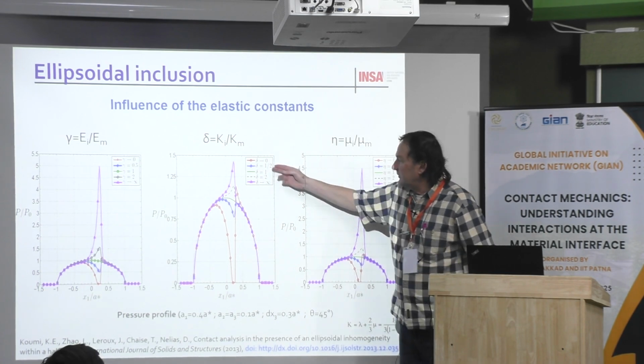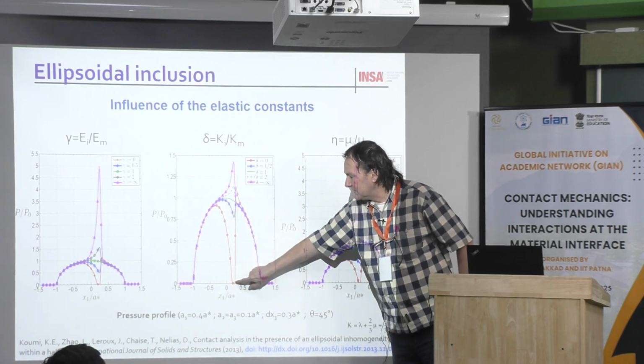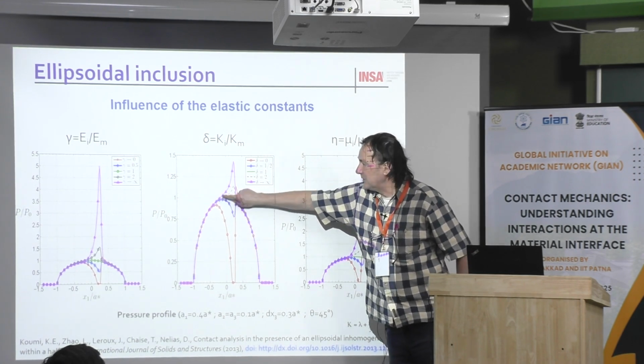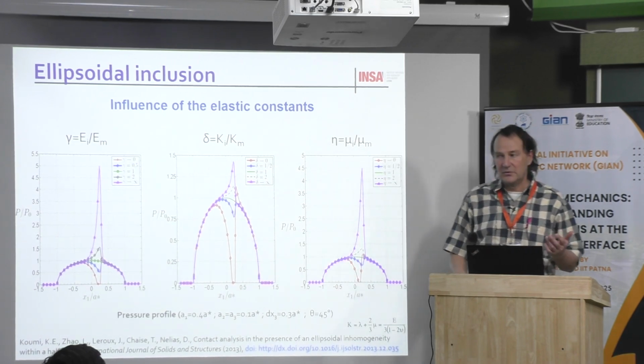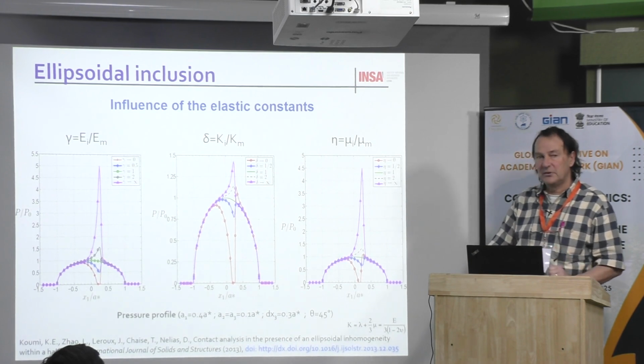If it is a void or a cavity, you have a drop of pressure until 0. And if the cavity is filled with something which is incompressible, you will have a peak of pressure. This is why not only the Young modulus is important, but also the compressibility, which is maybe the most important factor.